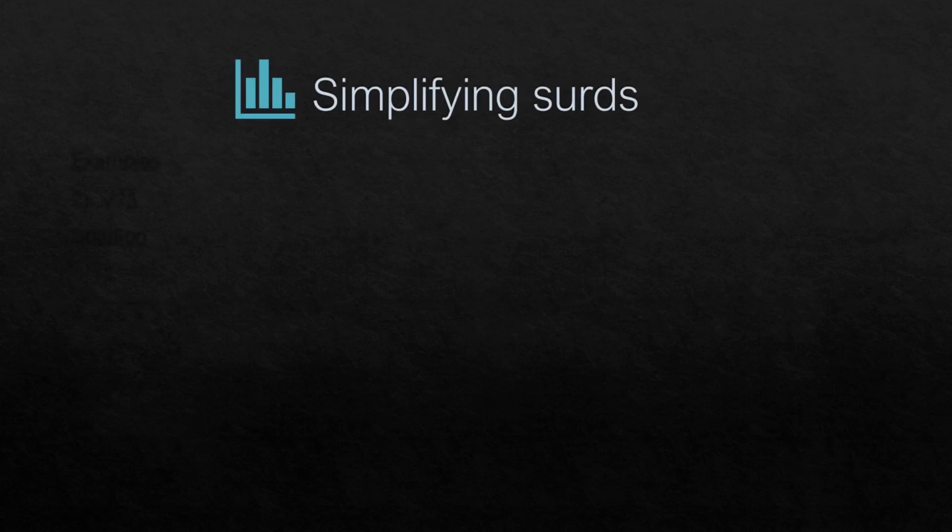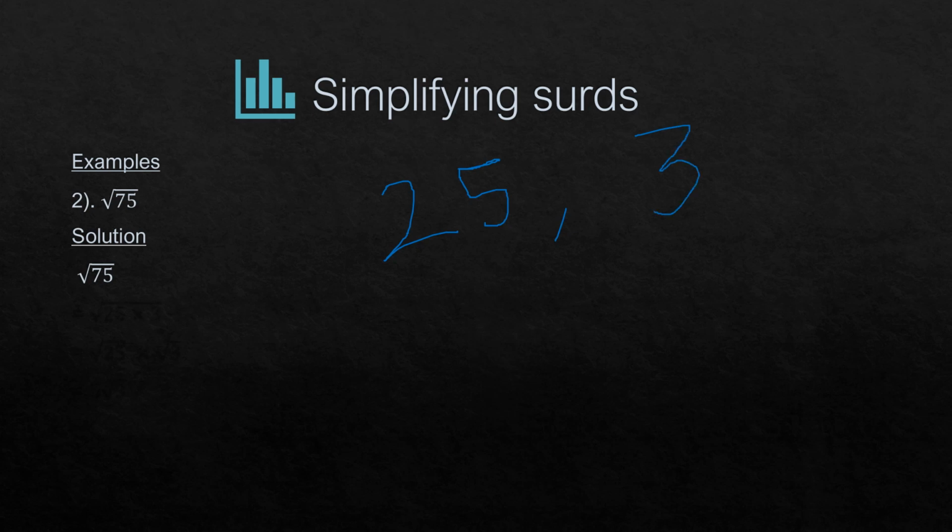Look at this second example. Square root of 75. Quite huge. Solution. As we did for the 24, take factors of 75, of which one is a perfect square. 25 and 3. Why are we saying 25 is a perfect square?